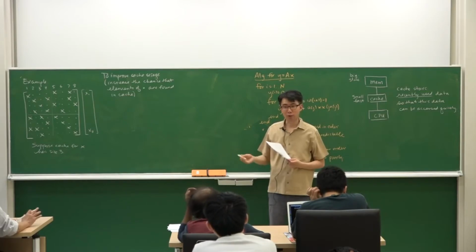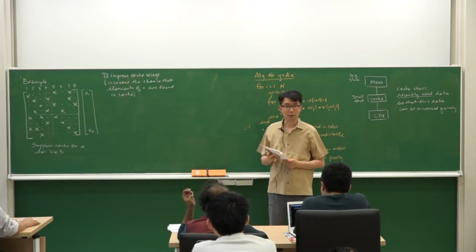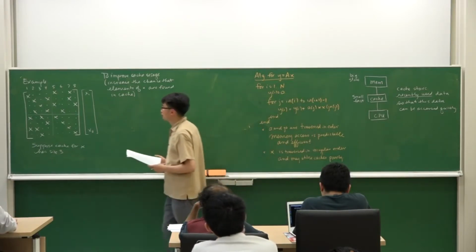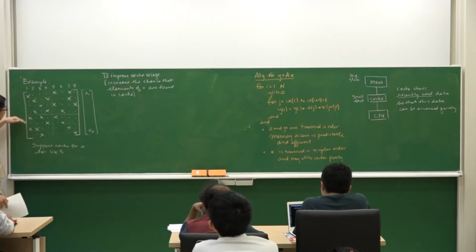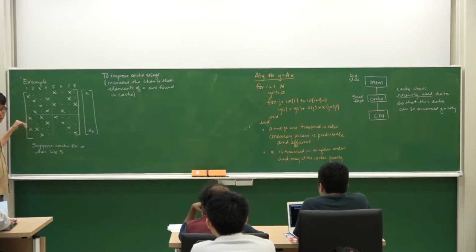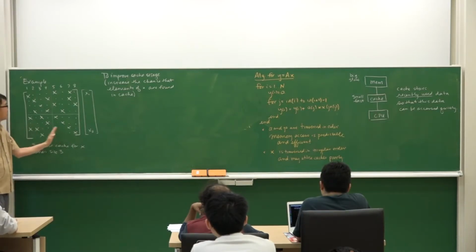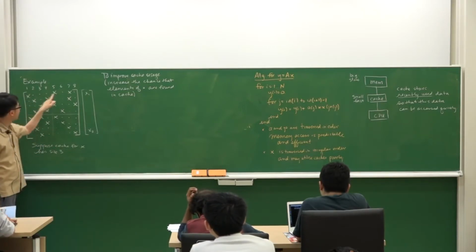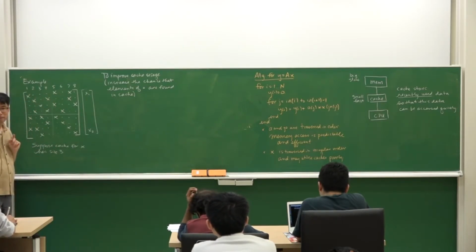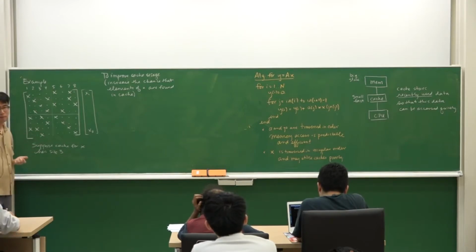We somehow want to change the order of the computations, right? If we maybe choose different rows, choose the rows in a different order, we might be able to improve cache behavior, right? We might even choose different columns. In other words, instead of going in order like this. Okay, so this just corresponds to reordering the matrix. So reordering the rows and columns of the matrix.